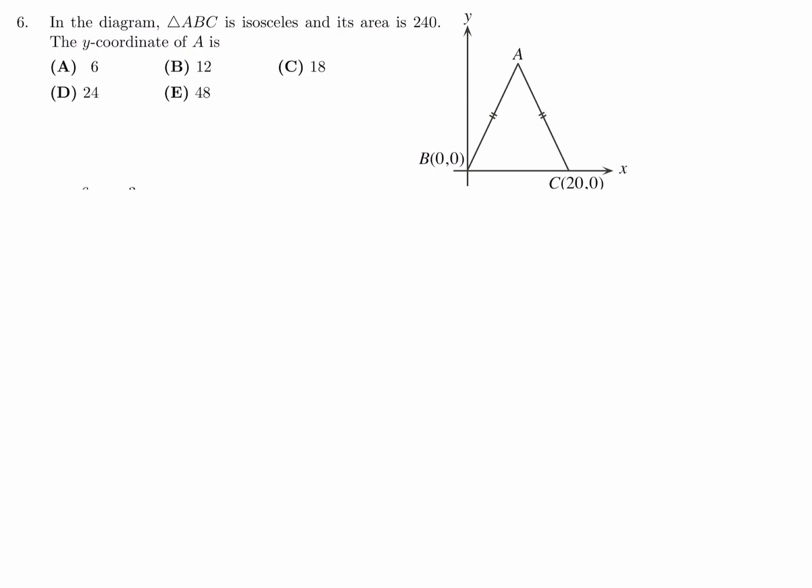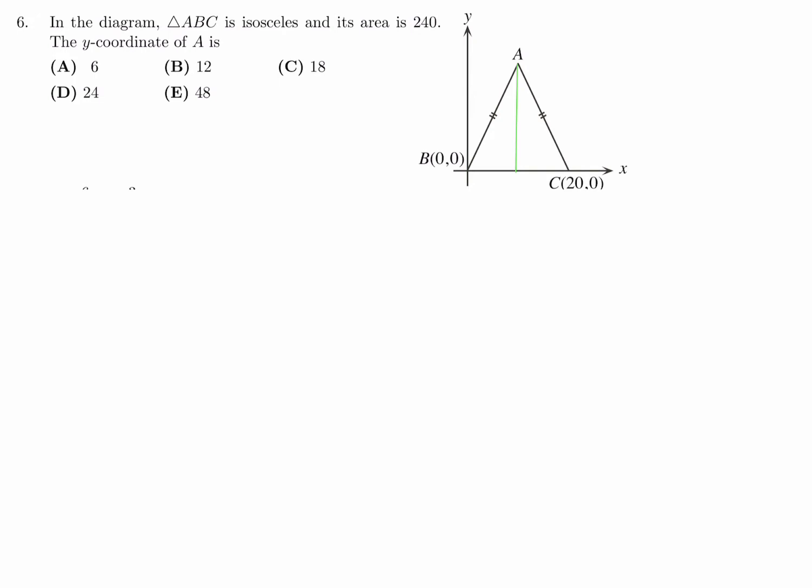In the diagram, triangle ABC is isosceles, and its area is 240. The y-coordinate of A is... So the first thing I want to draw is a perpendicular from A down to the base there. And since this is an isosceles triangle, it will cut the base into 2 parts.